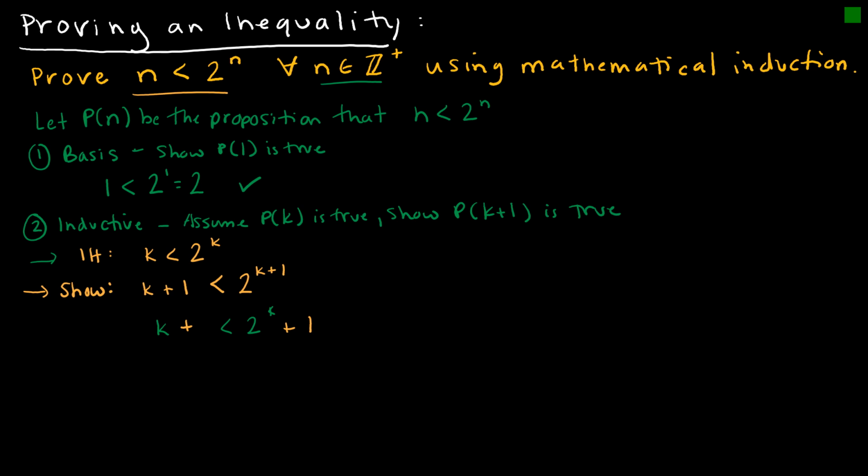Now this one is not quite as straightforward as what we've done before, but what I have shown is that 1 is less than or equal to 2 to the k. Now I know that's true because I just looked at 1 and I know that that was true here.